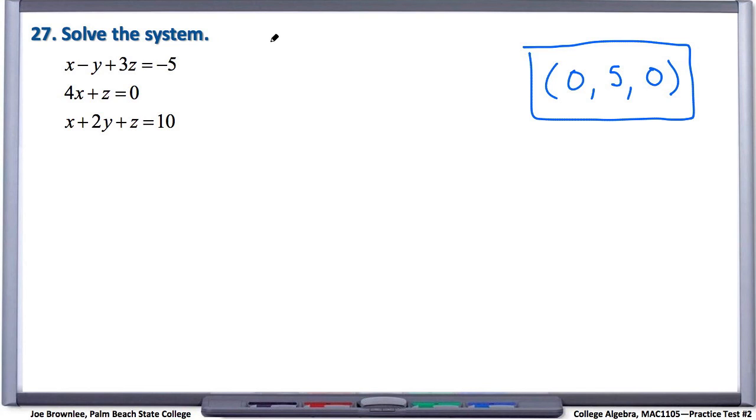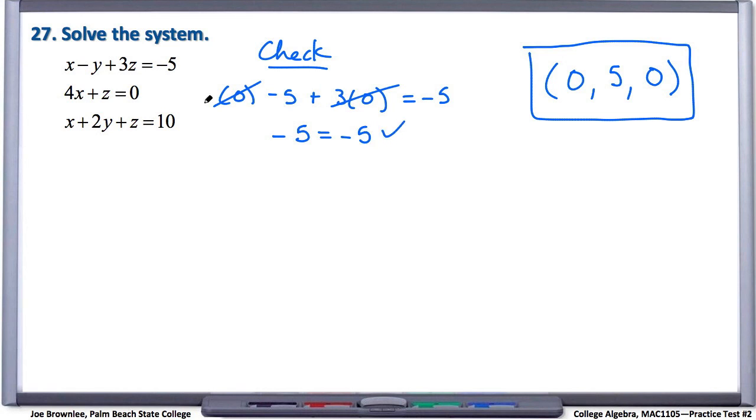So let's check to see that it works in all 3. So we're going to have 0 minus 5 plus 3 times 0 equals negative 5. Well, 0 goes away, 3 times 0 goes away, so we're left with negative 5 equals negative 5. That checks out. So we know it works in the first equation.